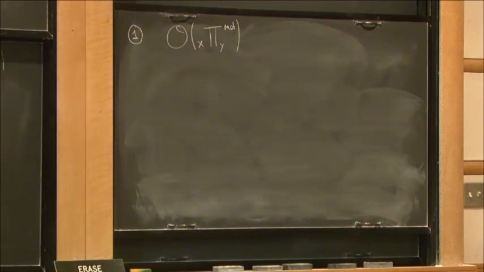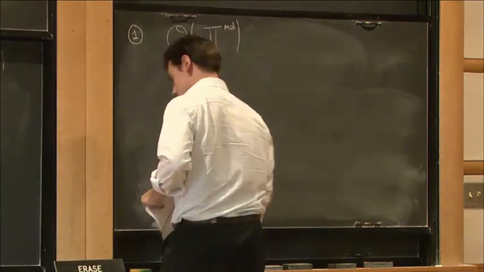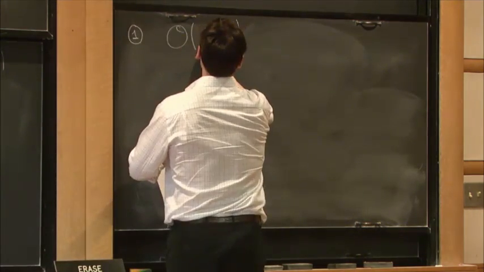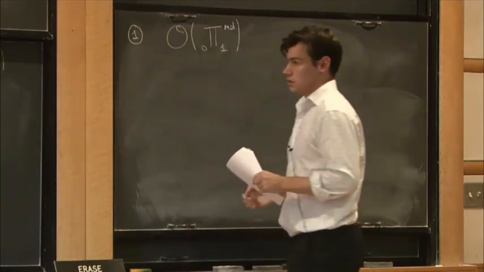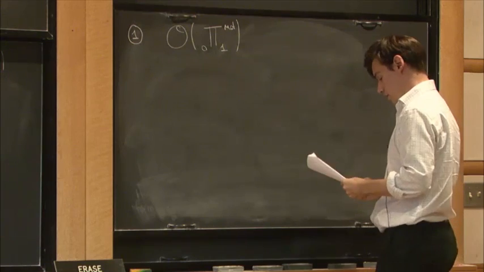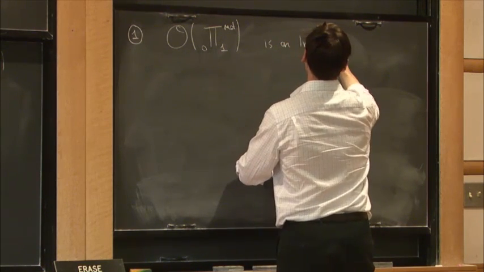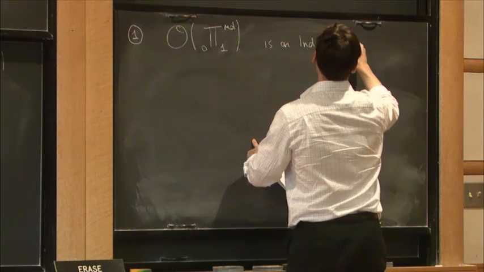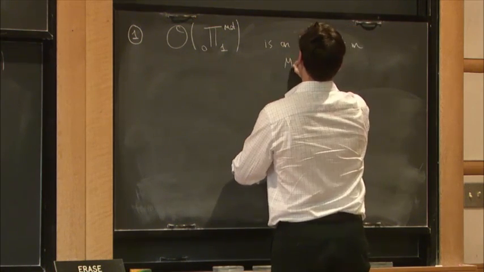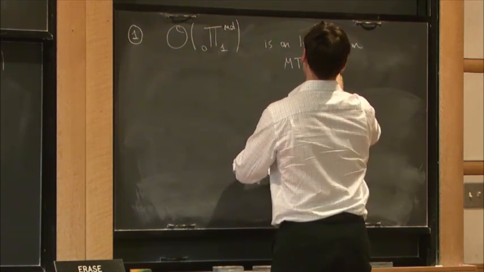Then that saves me a lot of hassle. So in this particular case, where the base points are 0 and 1, or these tangent vectors at 0 and 1, this thing is an ind object in the technical category of mixed-state motives over Z.